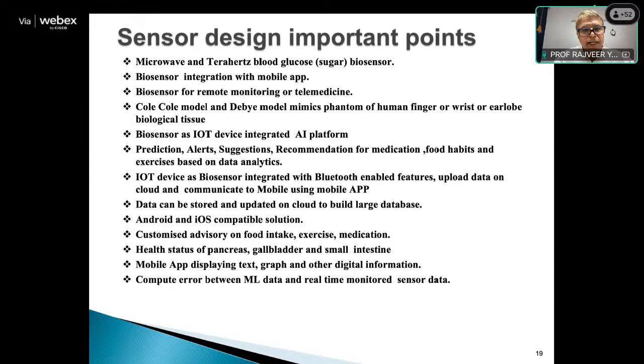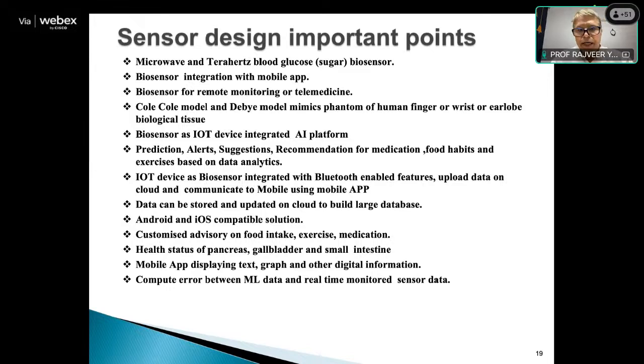An IoT device as a biosensor integrated with Bluetooth enabled features can upload data to the cloud, and if the data is sufficiently large, the predictions become very easy, and based on those predictions, the lifestyle and other features can be altered so that the person can avoid this disease or blood sugar enhancement.